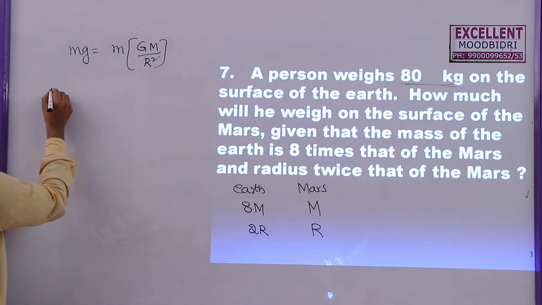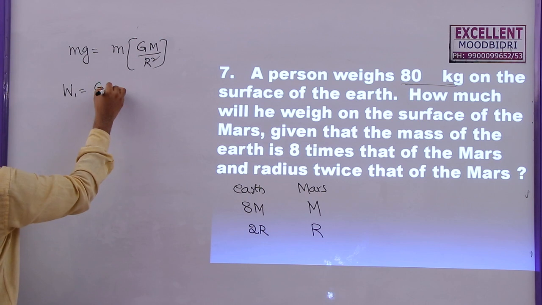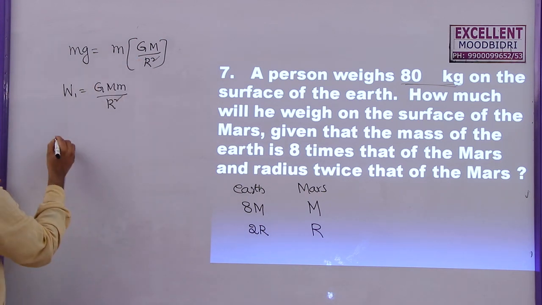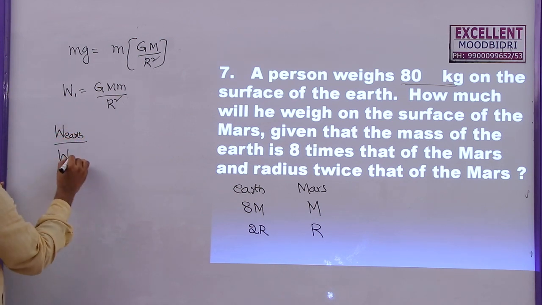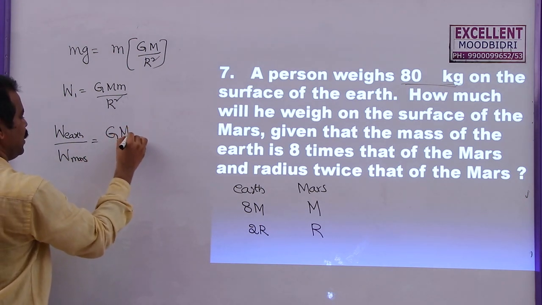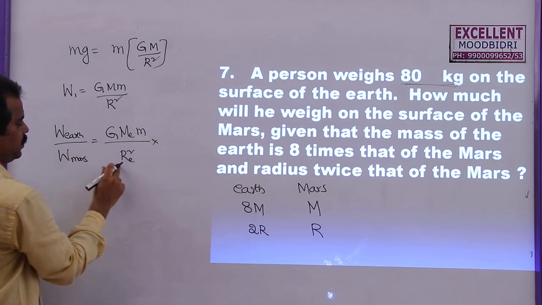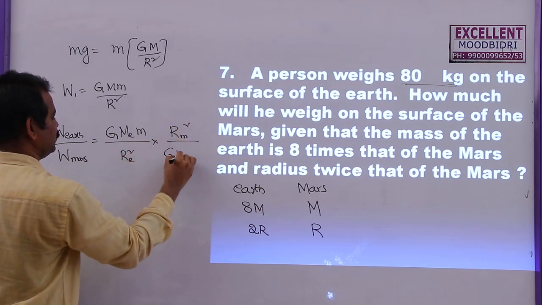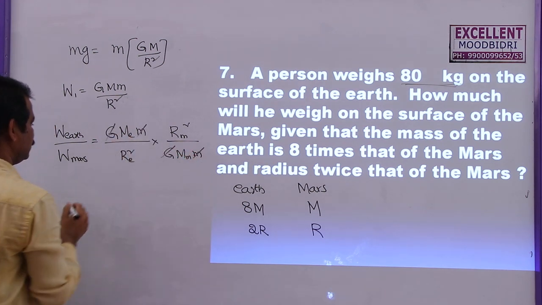Now I am going to do this problem. Weight is equal to capital G capital M small m by r square. Now weight on the earth by weight on the Mars is given by capital G mass of earth, mass of this person by r square of radius of earth whole square, by capital G mass of Mars into m by radius of Mars whole square. This gets cancelled.